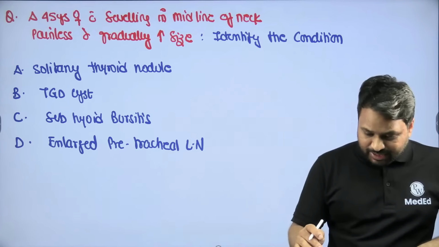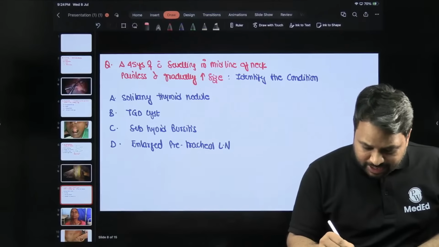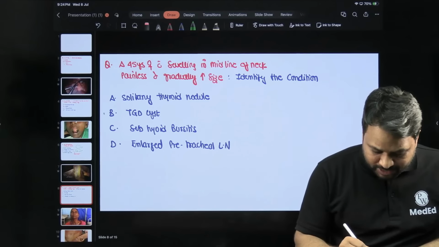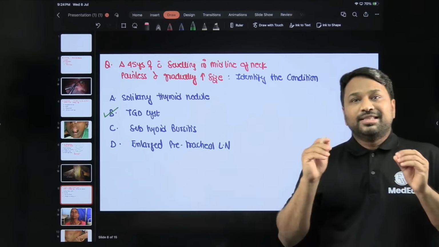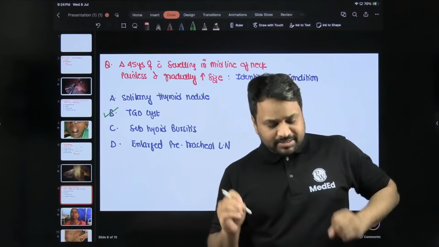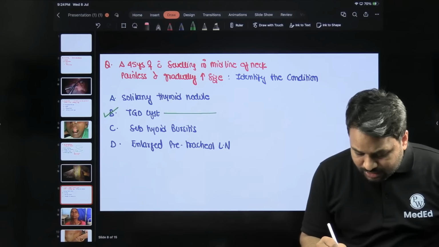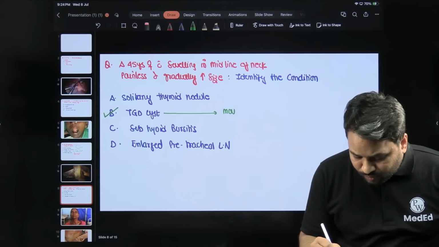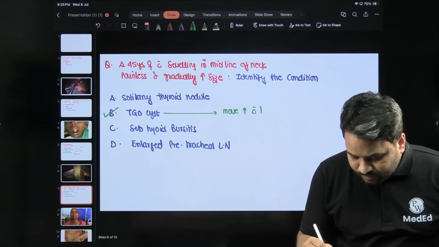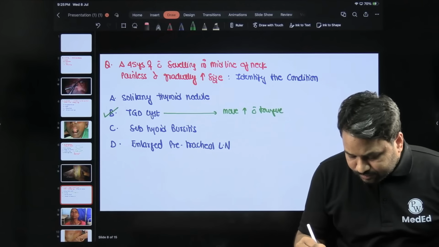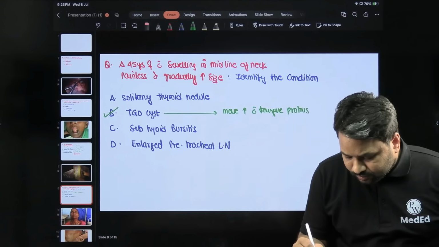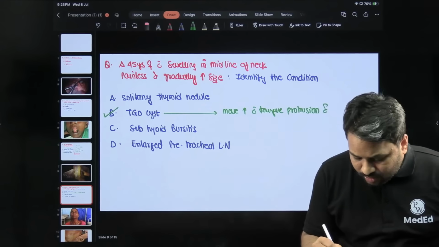I hope everybody knows that the answer is thyroglossal duct cyst. This is the only swelling that moves upwards with tongue protrusion and deglutition.